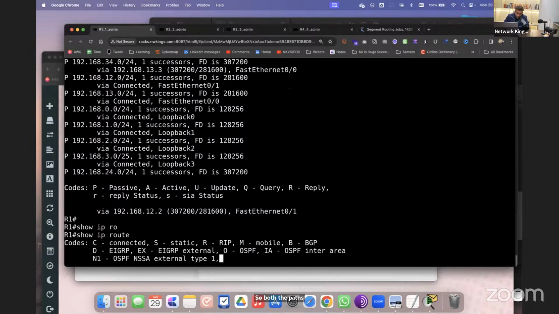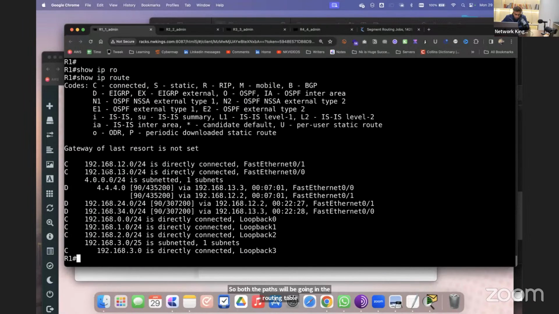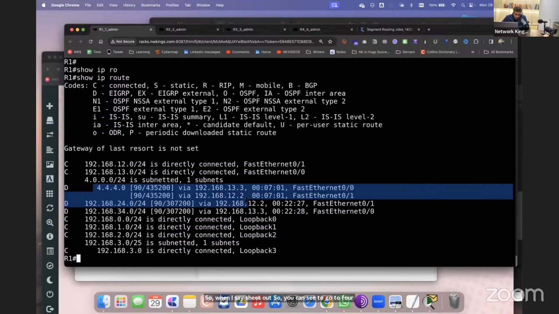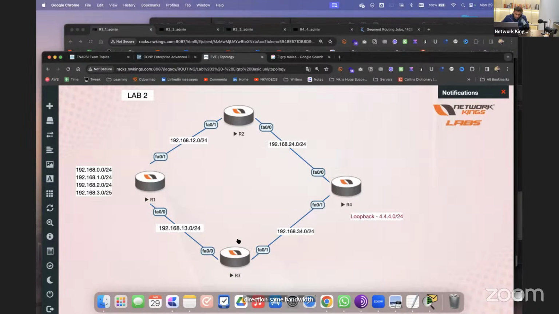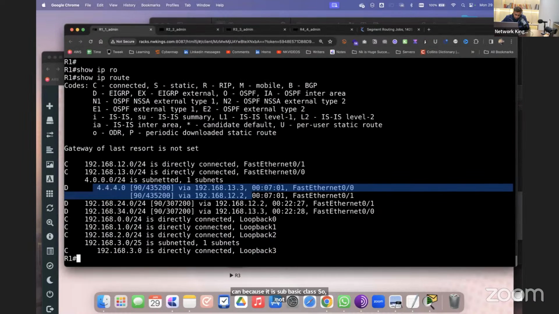When I say show IP route, you can see that to go to the 4 network I have both paths as best, because both are coming from the same direction with the same bandwidth. But if you do not want one path to be good, you can decrease the bandwidth. You can do some tweaks, but right now I'm not doing that because it's a basic class, so not going in depth.